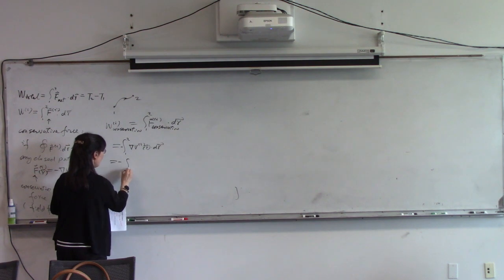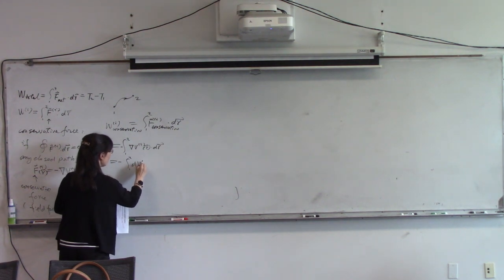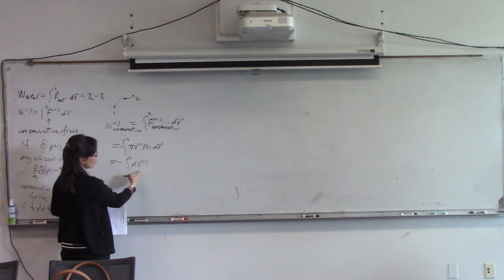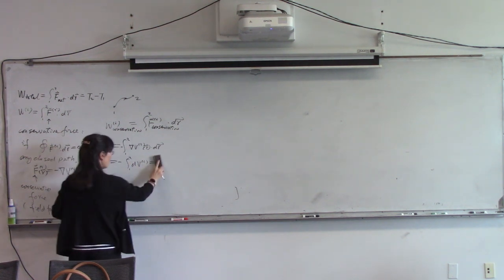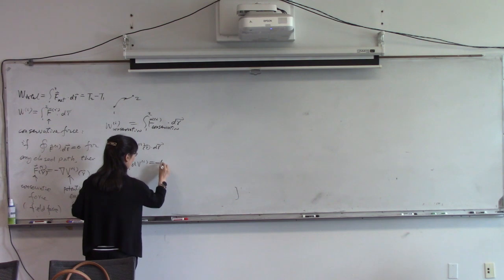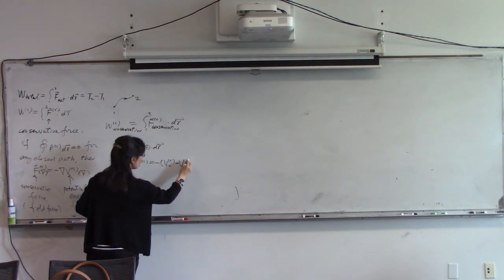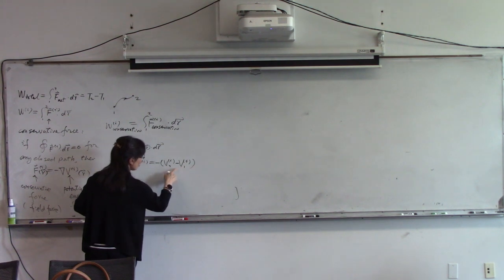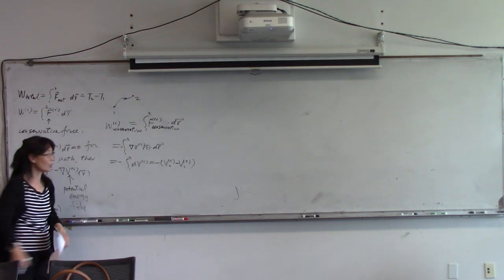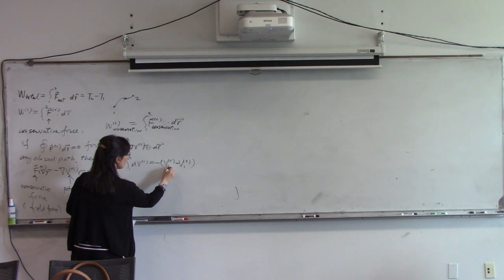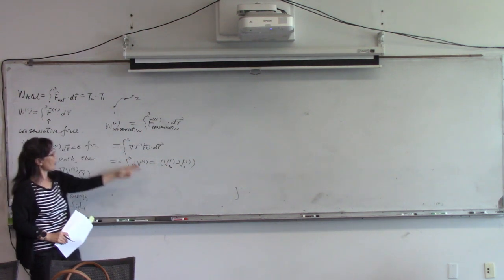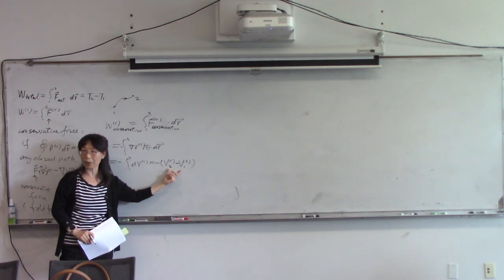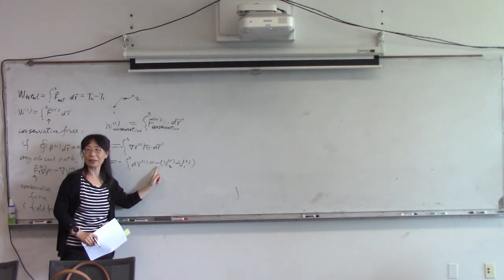That is negative V_i at final position 2 minus V_i at initial position 1. So the work done by the conservative force changes the potential energy, decreasing it, because of the negative sign.